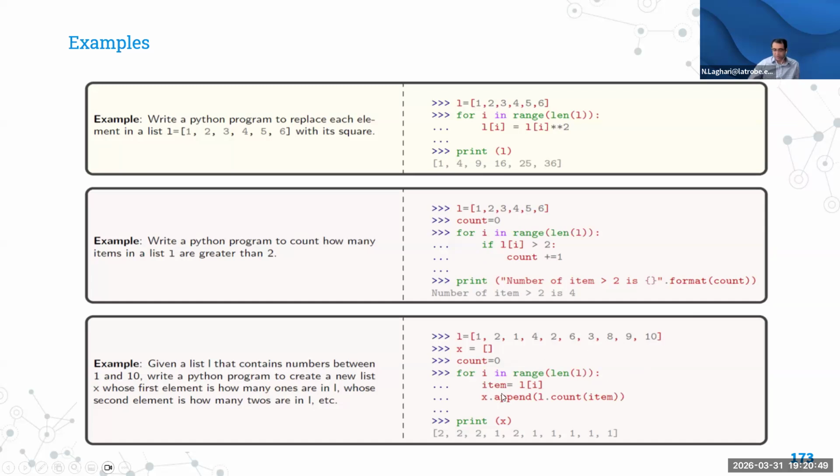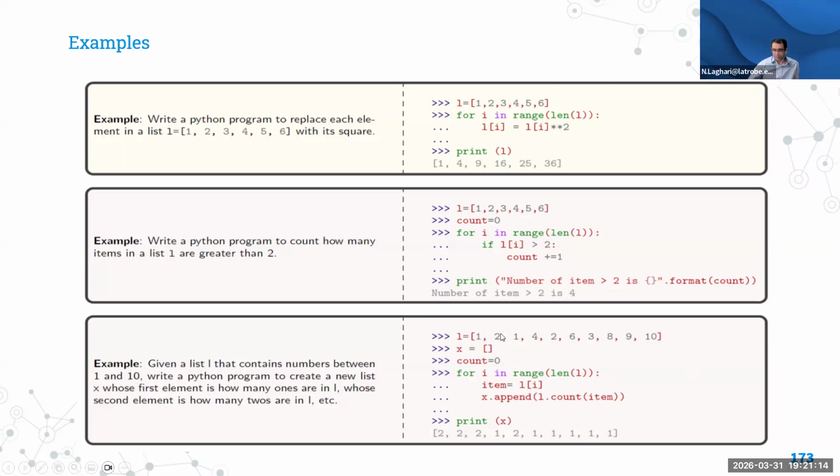This is how we are appending: for i in the list, we count the item and append it to X, so it keeps appending.